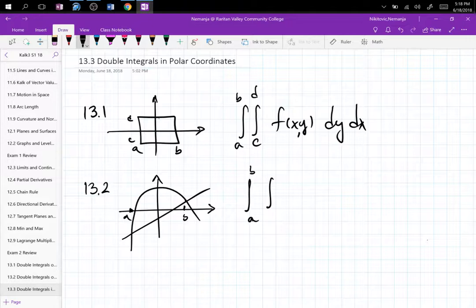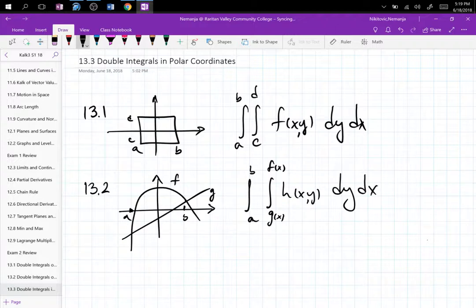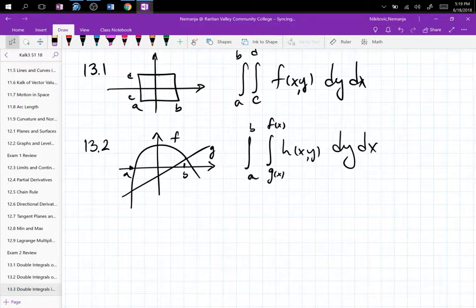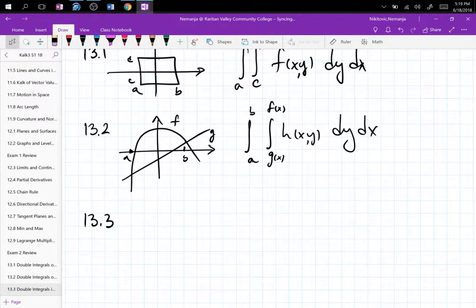And then for the second one over here, we have g of x in the lower limit, f of x in the upper limit, and again we have dy dx. Now, the next lecture, which is what we are going to look at now, is the lecture where we are going to have a polar domain.